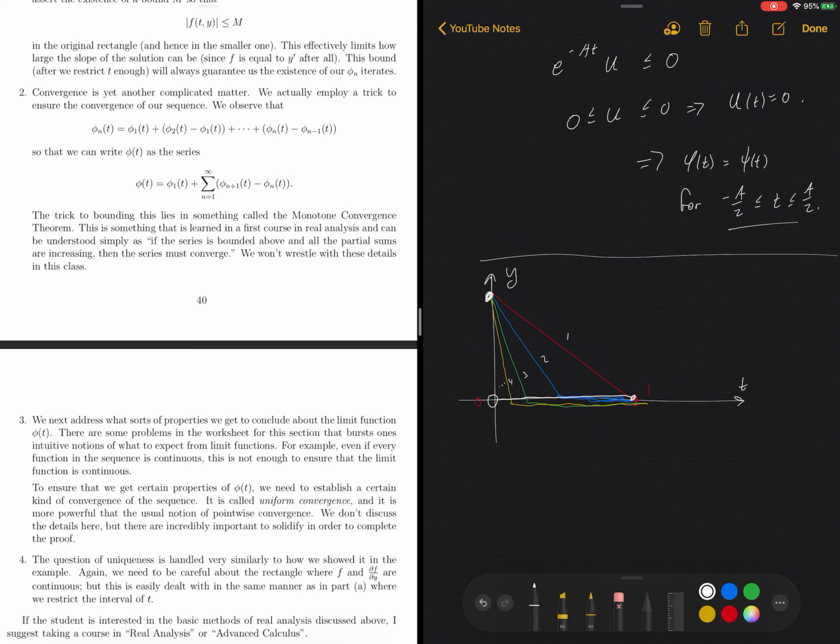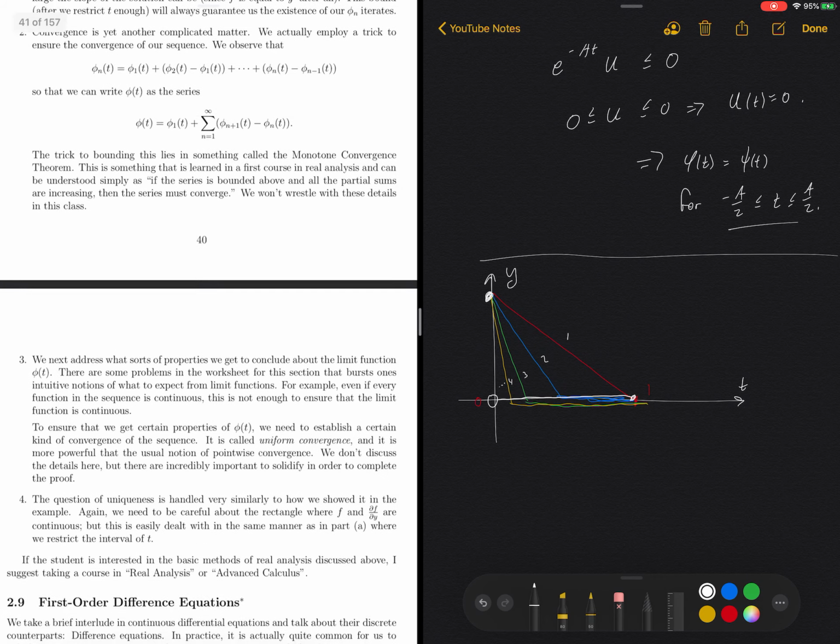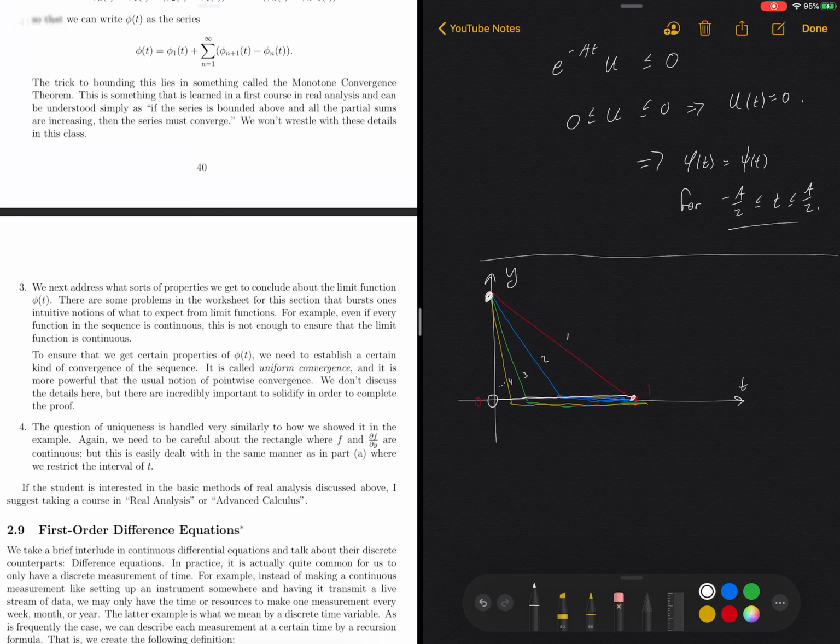But I wanted to at least show you that this is what differential equations look like once you get beyond this class, that you're looking not for explicit solutions, but rather for properties of solutions and establishing when these exist in the first place.